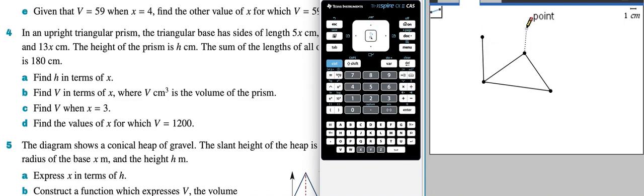Go from that point up to here. That looks about right. And from that point up to about, I'm trying my best here. All right. So there's my triangular prism. All right.